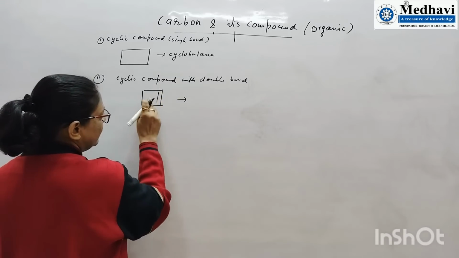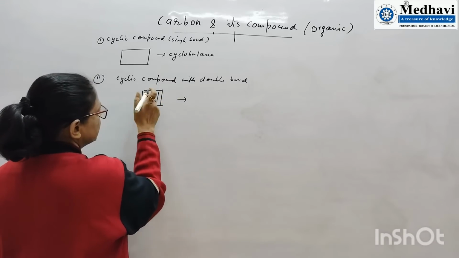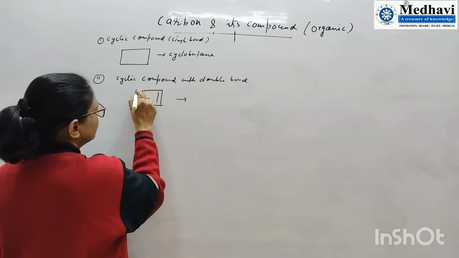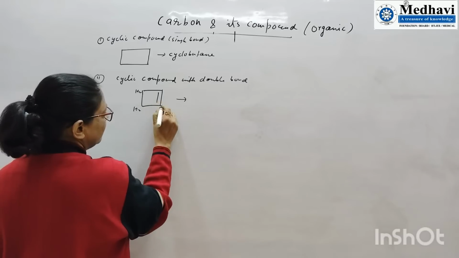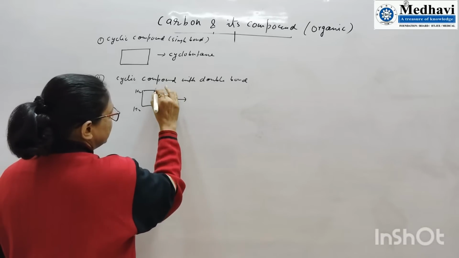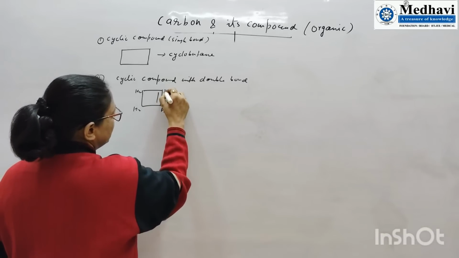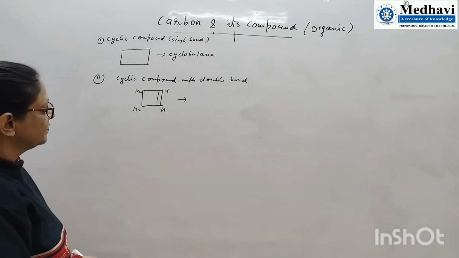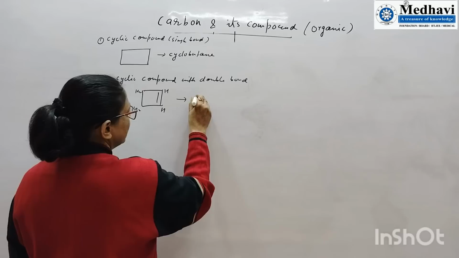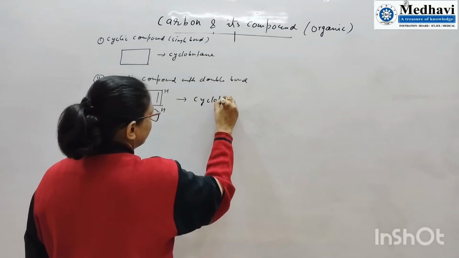How will we fill hydrogen here? For this carbon, 2 bonds are there, so 2 hydrogen; this carbon 2 bonds, 2 hydrogen. This carbon has 3 bonds, 2 and 1, 3, so 1 hydrogen. This carbon has 2 and 1, 3 bonds, so single hydrogen. Like this we can fill. So its name will be cyclobutene.